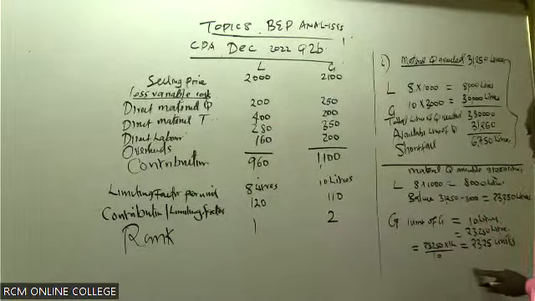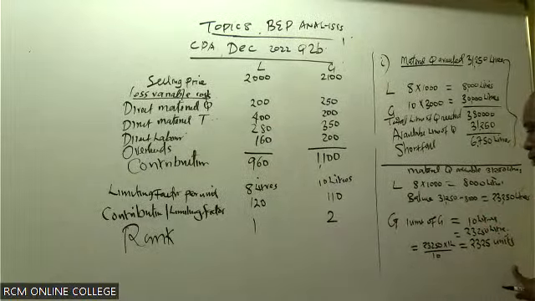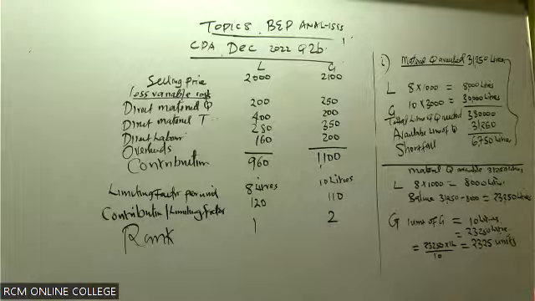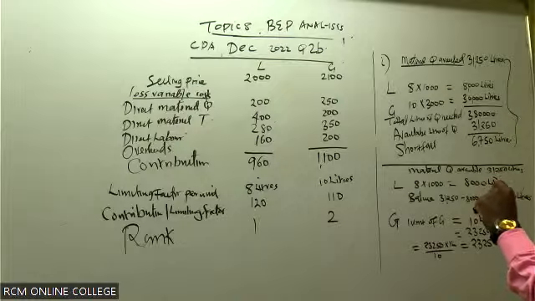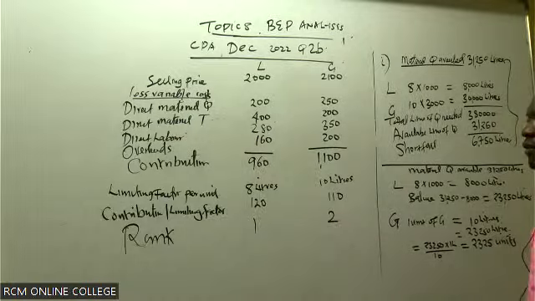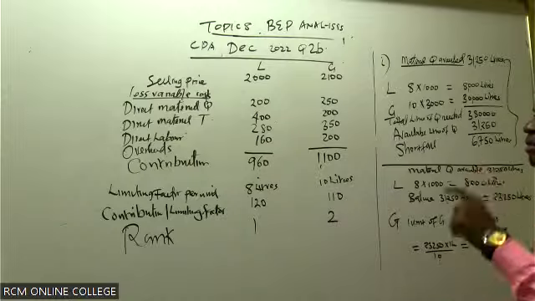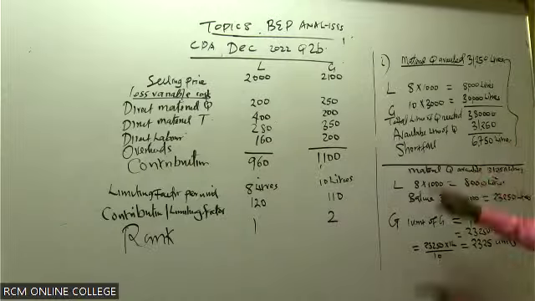How many units will they not be able to produce? They can only produce 2,325, but the total demand was 3,000.